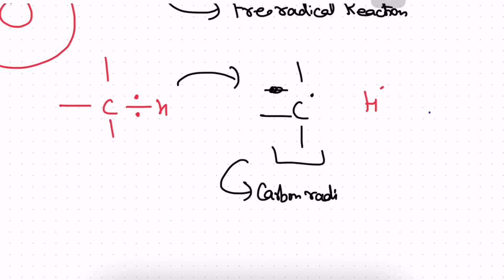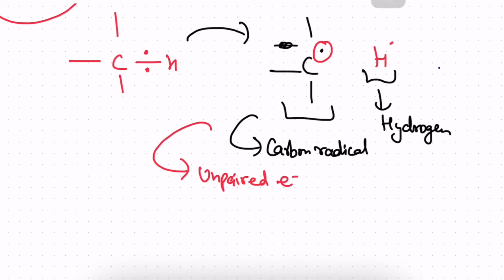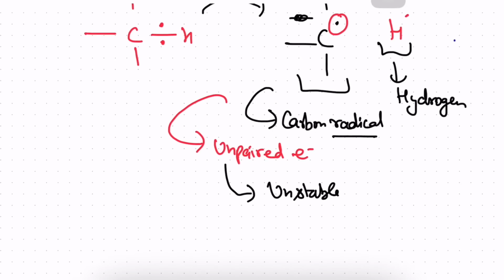Now try to see here, you are going to have this unpaired electron. When you have an unpaired electron, this is quite unstable and highly reactive. So these radicals which have unpaired electrons can donate electrons to others.